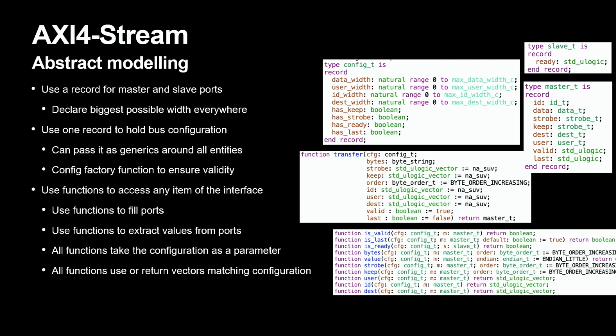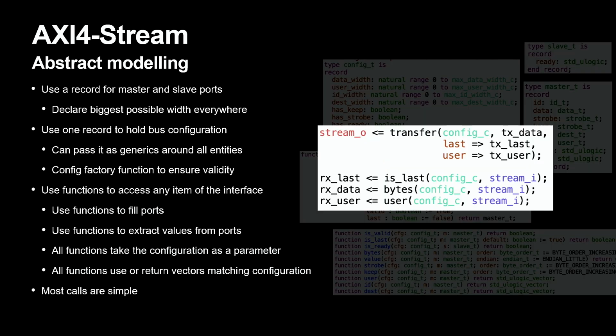And to make this manageable and not have to do extraction by hand every time, you just put functions everywhere to either write to signal ports or read from them. This may seem scary like this, but actually most of the time you only pass very few arguments to functions, and the rest is taking the default values.